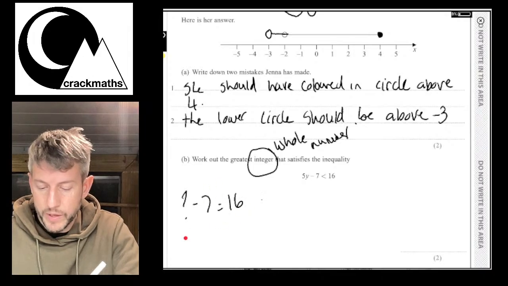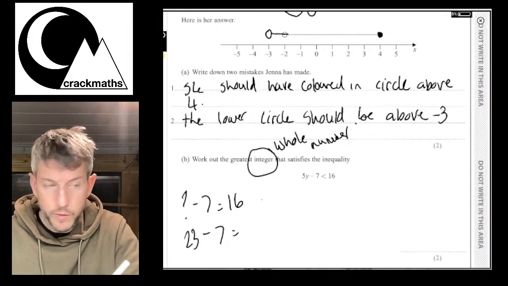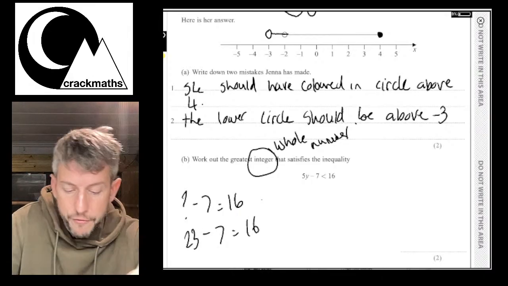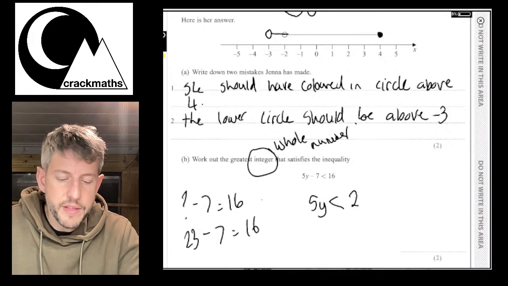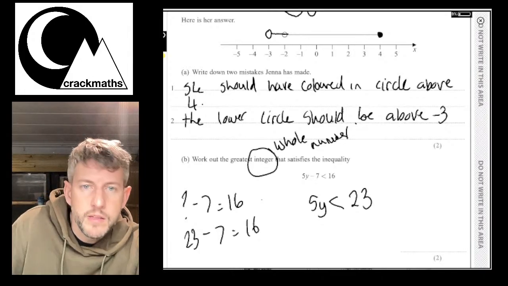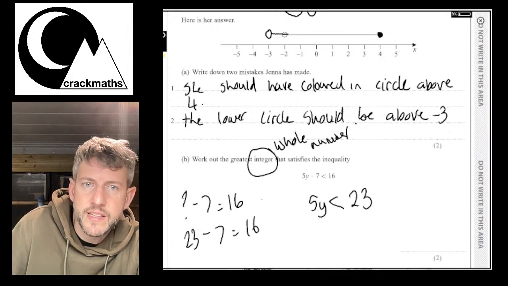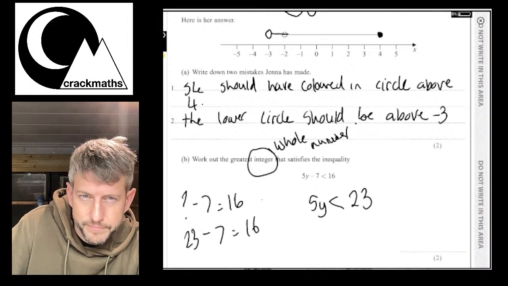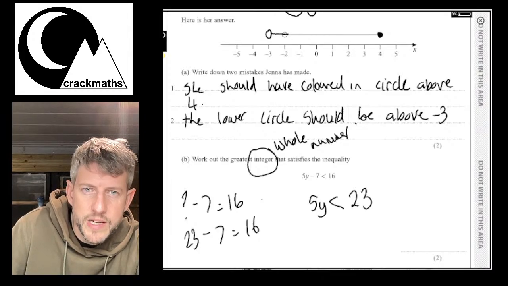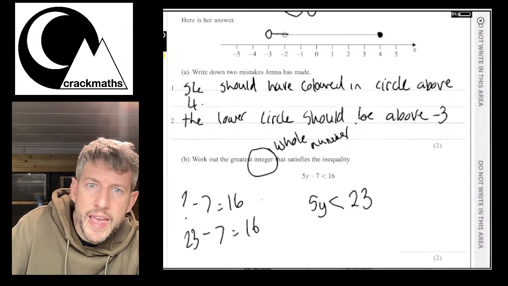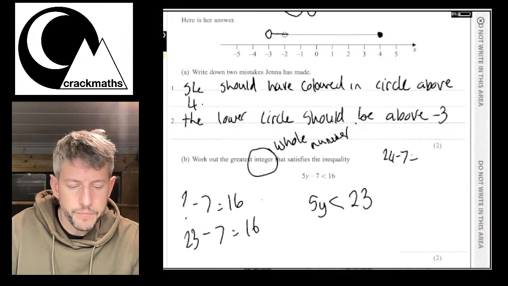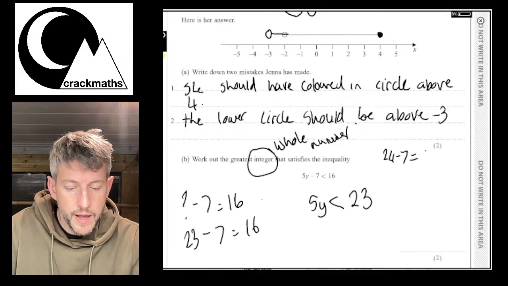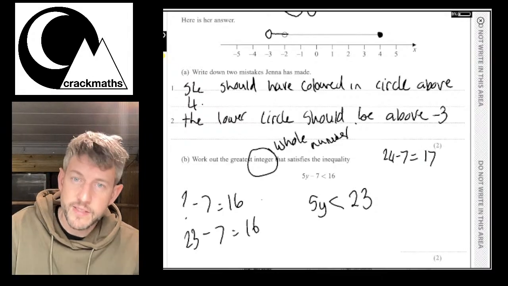So we get 23 take away 7 equals 16. Okay, so therefore 5y must be less than 23. Okay, so if 5y take away 7 is less than 16, 5y has to be less than 23, because any number larger than 23 take away 7 is more than 16. For example, if you tried 24 take away 7, that would equal 17, which is not less than 16.